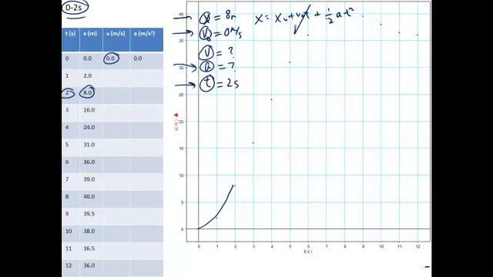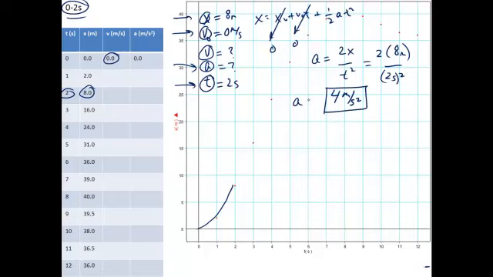We know that both the initial terms are going to go to 0 because they're both 0. If we solve this for acceleration, we get 2x over t squared. If we plug in our values, x is 8 meters and t is 2 seconds squared, so we find that our acceleration is 4 meters per second squared. That's going to be a constant acceleration.